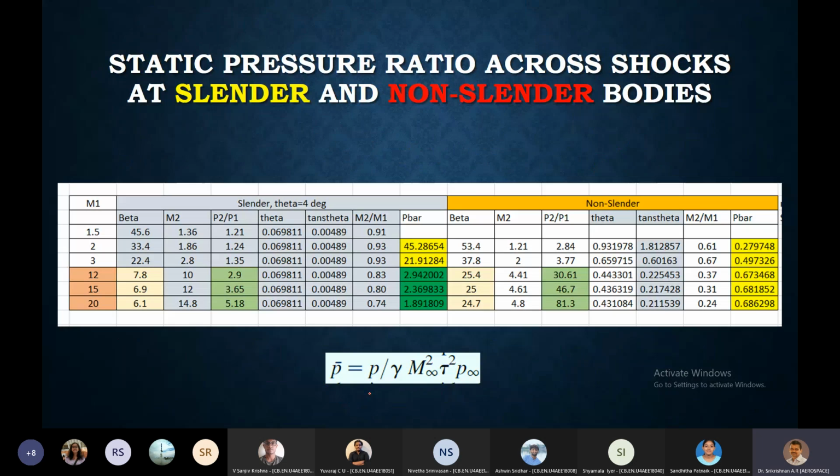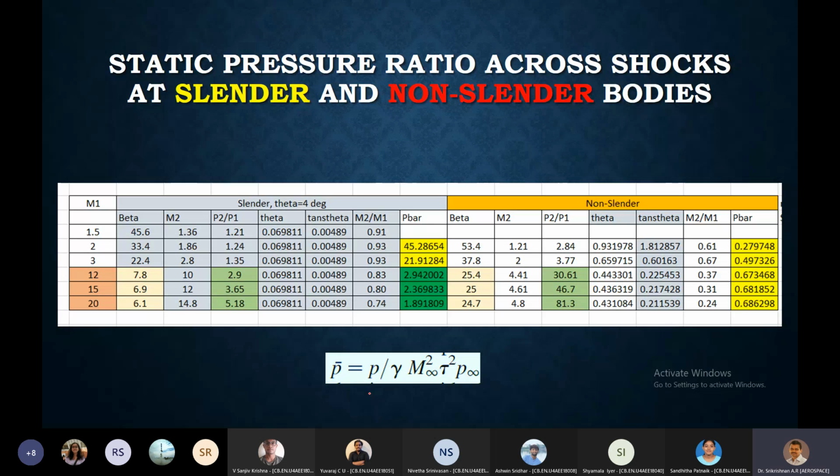And this is justified. I'm presenting a graph here, a table here. You can examine that more closely when I share the presentation, when I upload the slides. This is just to tell why we are considering slender bodies and why this assumption is valid for slender bodies.